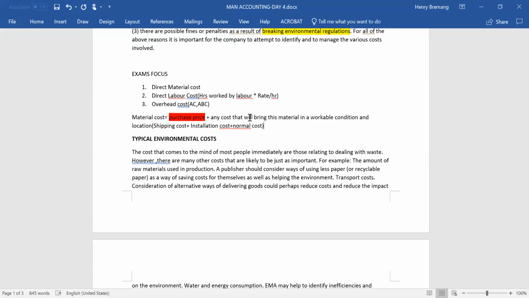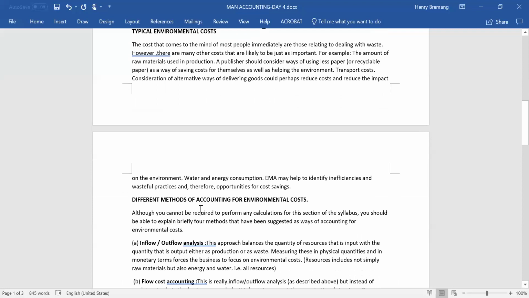It will not be added to the cost of the material. So ladies and gentlemen, if the material you are buying to be used in the production turns out to have other costs which will bring the material into a workable condition and location, then those ones are to be added to the purchase price to determine the overall material cost.